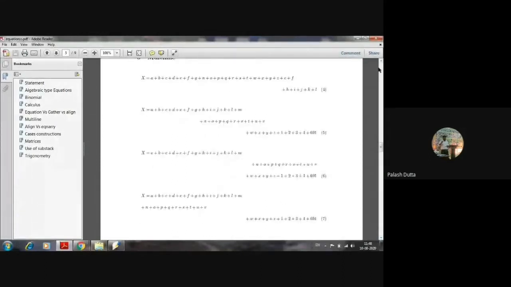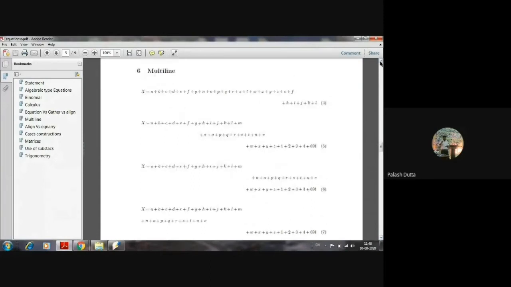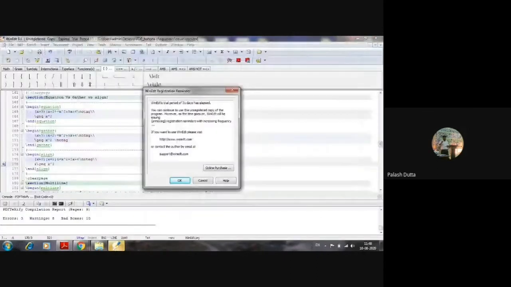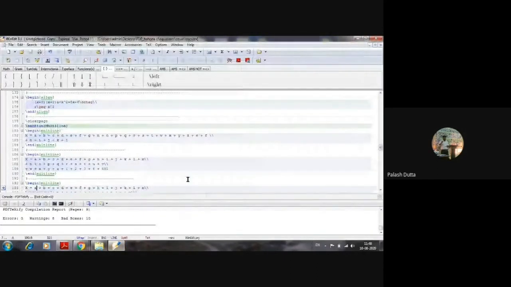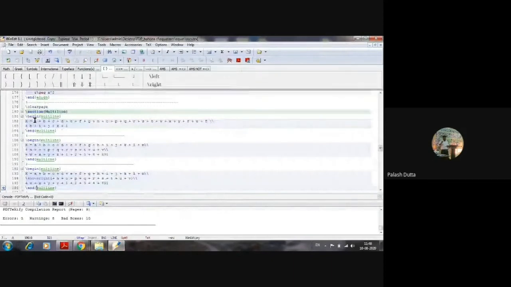Next comes multline. Multline means you have an equation which exceeds the margin of the PDF. Then how can we write such expressions? Then we can use multline. We use begin multline, end multline, right?